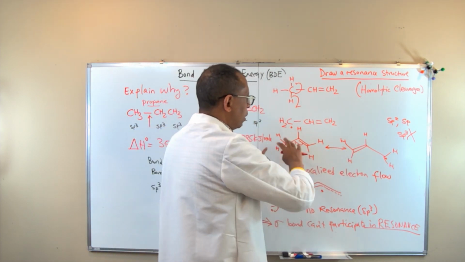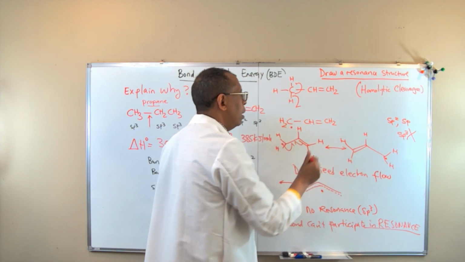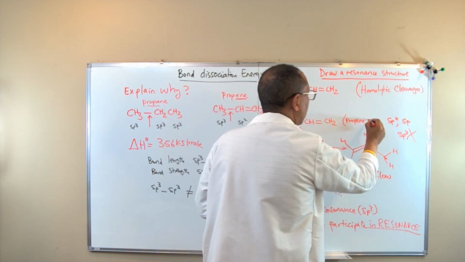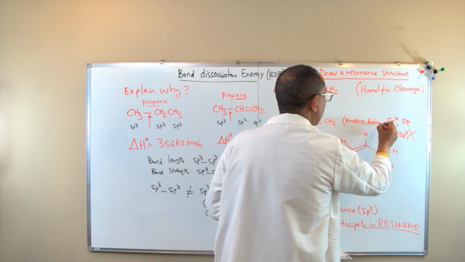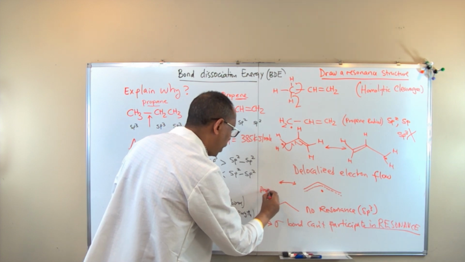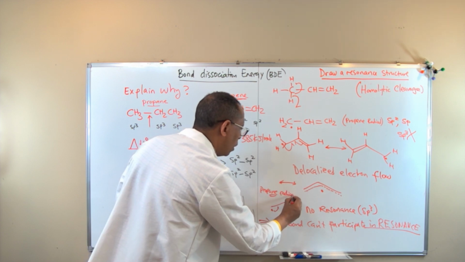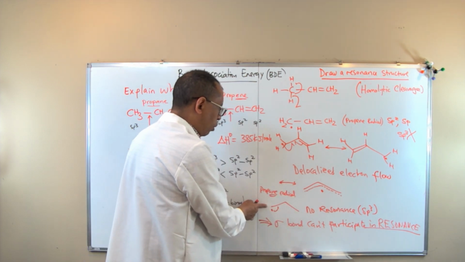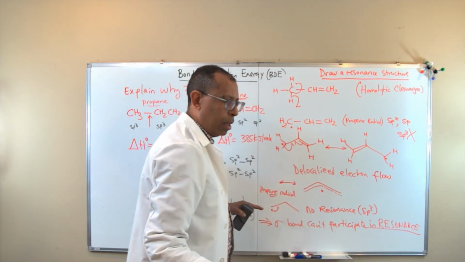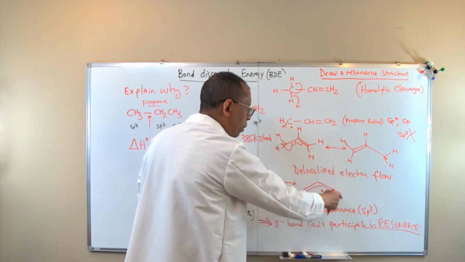It means that the structure of this propene radical, this is a propene radical. This is a propane radical. This propane radical is very unstable compared to the propene radical, because the propene radical can be resonance stabilized.